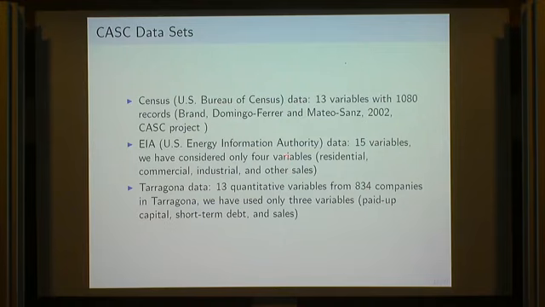This contains 15 variables, but I have considered only 4. And the other is the Tarragona data. 13 quantitative variables, I have considered only 3 here. Because to keep the variation among dimensions, the 13, 4, and 3.